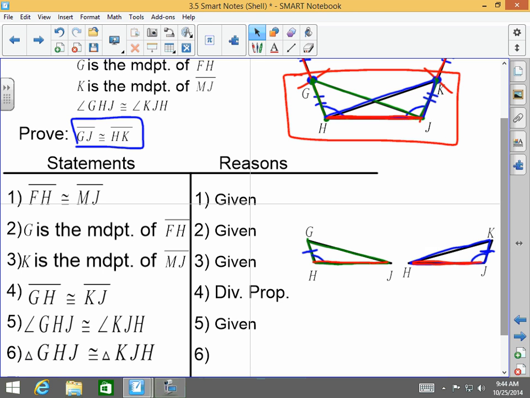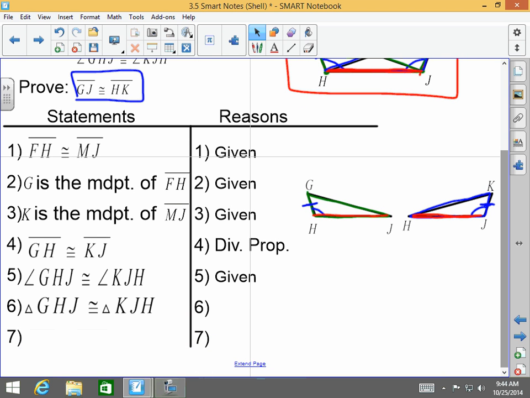I'm sorry, I skipped a step here. So this is wrong. This is going to become 7, and this will become 8. 6 will have to be, my bad, I really am sorry. Step 6 here is that HJ is congruent to HJ.